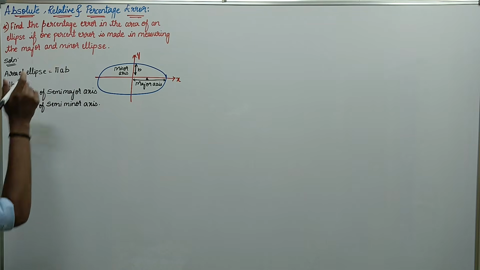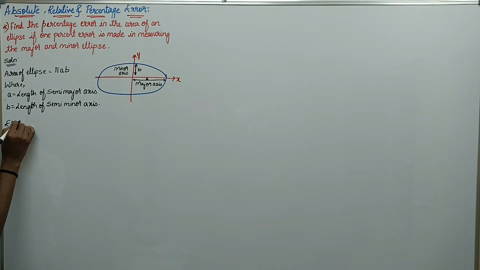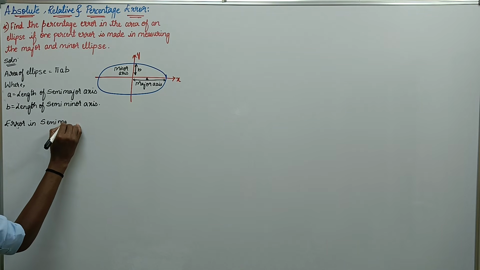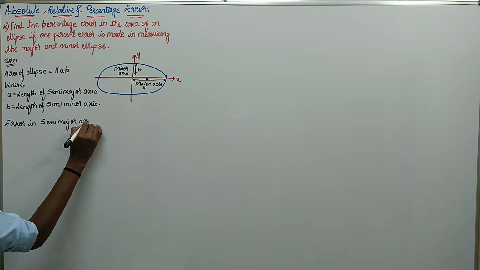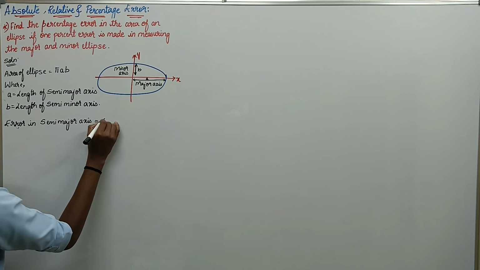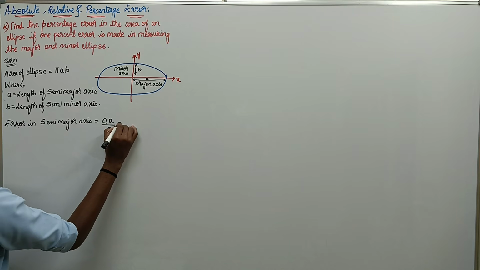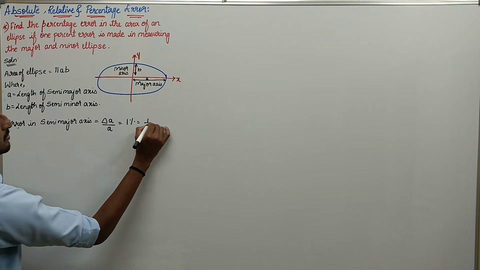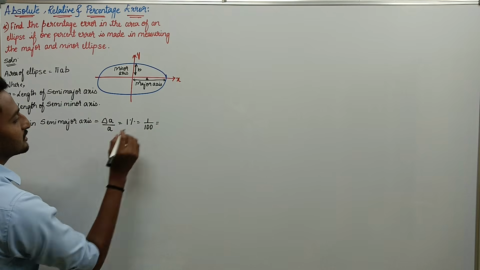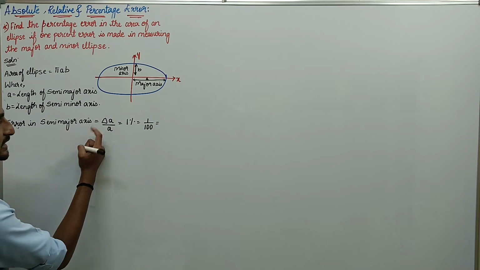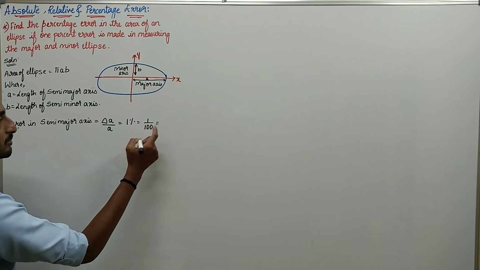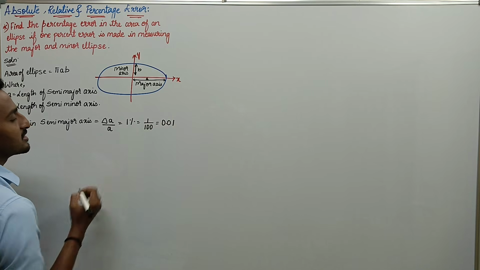That is, the error in the semi major axis is defined as del A by A, which is equal to 1%, that is 1 by 100, which you can represent as 0.01.